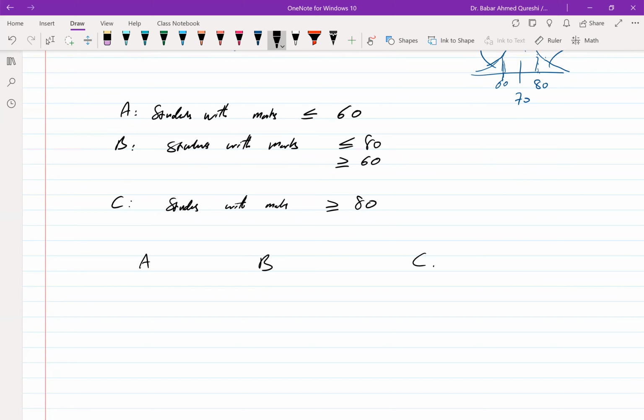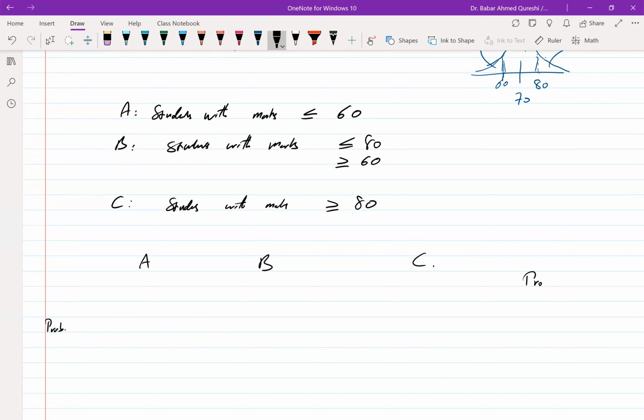What are the probabilities for a student to be falling in any of these? I know that for one standard deviation, I can just compute for the standard normal. The probabilities for 1, 2, or any number of standard deviations are the same whether you compute it for your specified normal or for the standard normal.